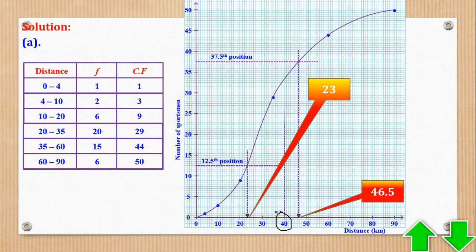Take a vertical line up, take a horizontal line to meet the vertical axis, and read off this value. Now that value is for the number of sportsmen who travel a distance of less than 40 kilometers. The one above is the remaining part, which is 50 minus 32.25.